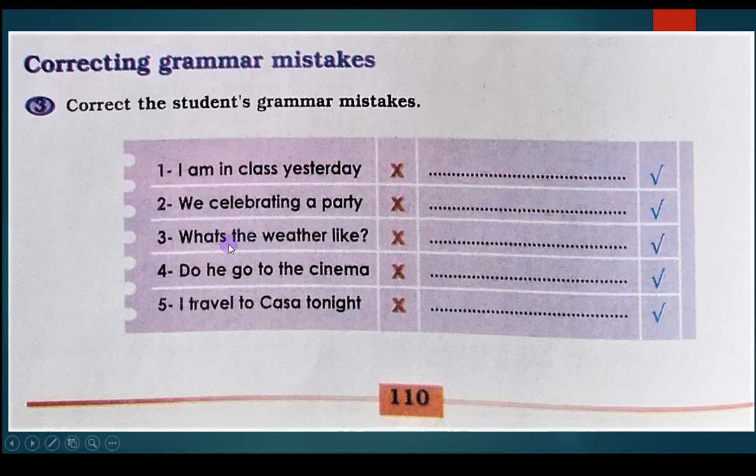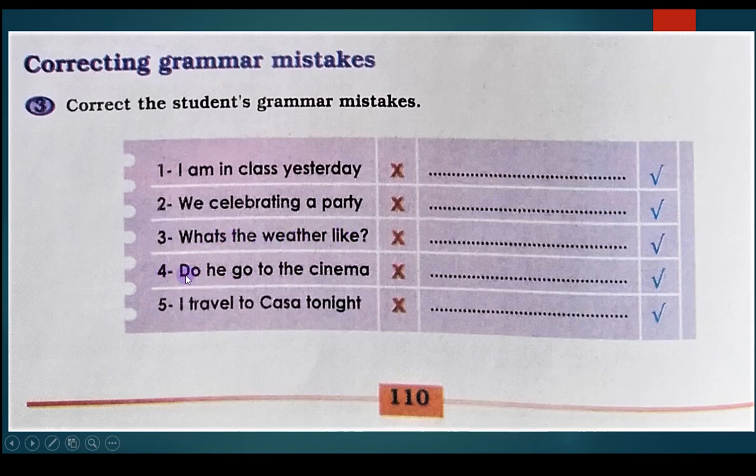So where is the mistake? نوع الخطأ. The mistake is we need an apostrophe here. الخطأ هو محتاجين واحد apostrophe ما بين T و S. What's بمعنى what is. What's the weather like? ما هو الجو أو كيف هو الجو.